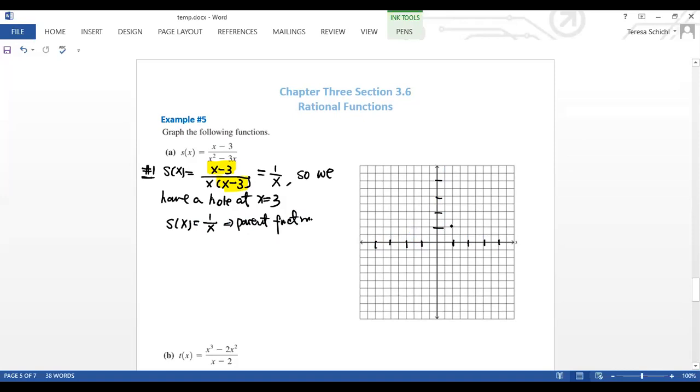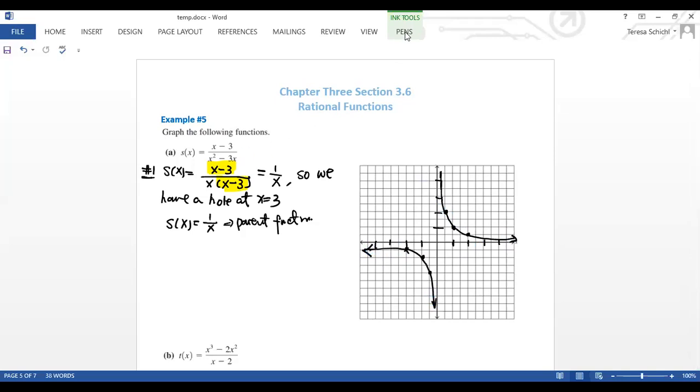At 1, 1 is going to be here, and 1/2 is going to be here, and the 2 will be here, right? So this will be your parent function. So the graph is supposed to look like this.